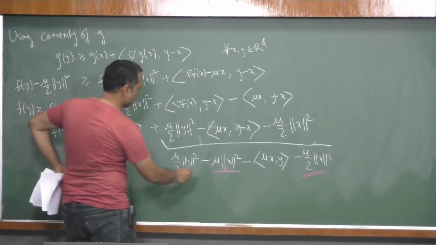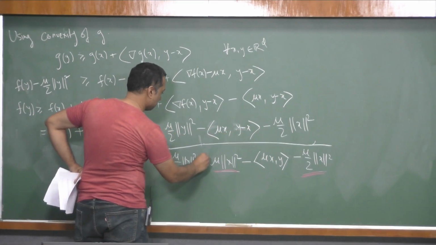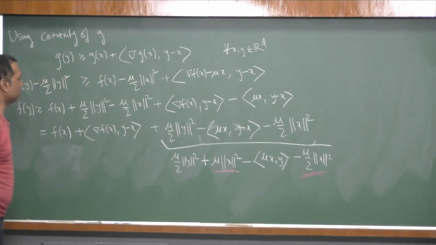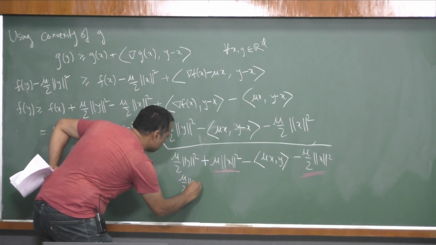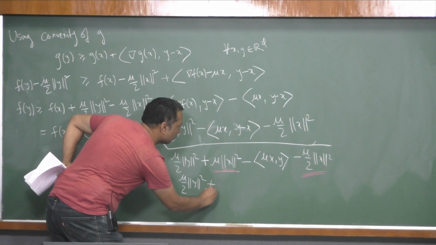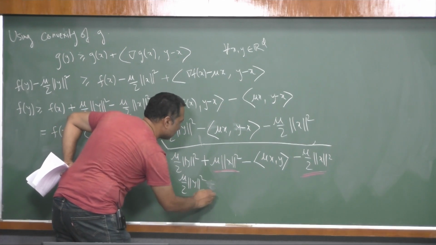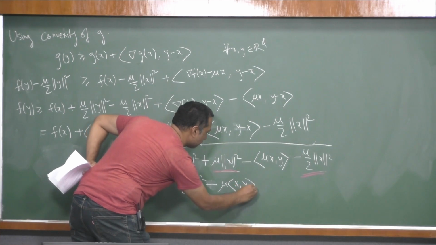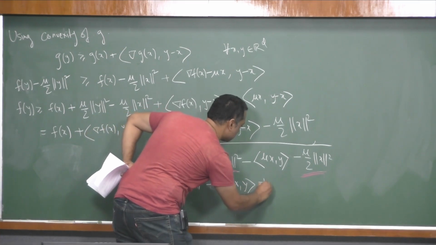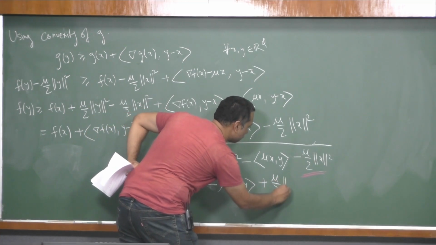So this guy is minus, minus becomes plus, so this becomes mu by 2 norm x squared. So this is now of the form 2ab, right? So this is mu by 2 norm y squared minus mu x y plus mu by 2 norm x squared.